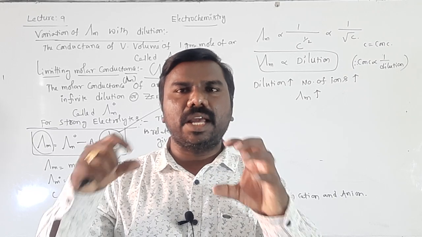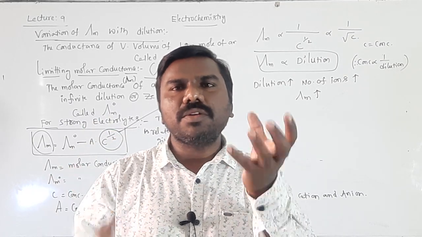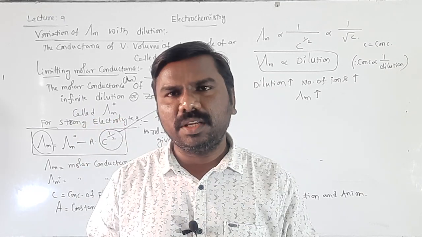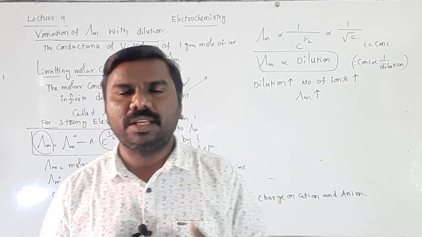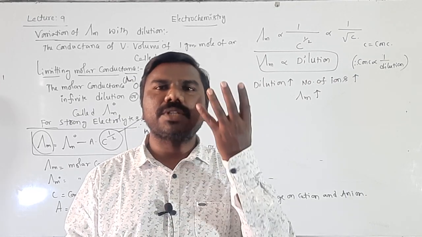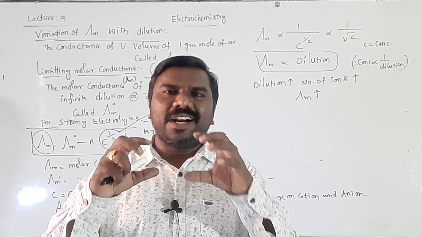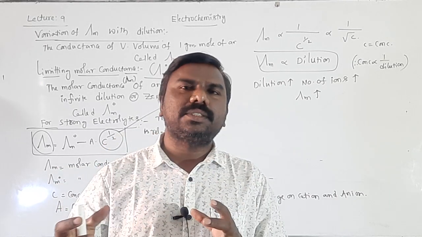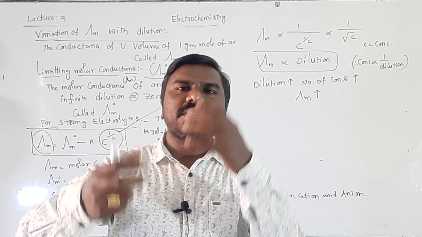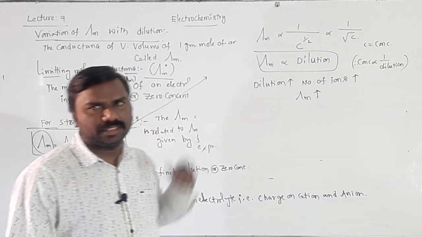Salt means cation and anion, so the salt becomes cation and anion, ions increase, obviously conductivity increases. Addition of water increases, nothing but dilution increases. So the salt becomes ions, finally ions increase, conductivity also increases. That is the meaning, students.